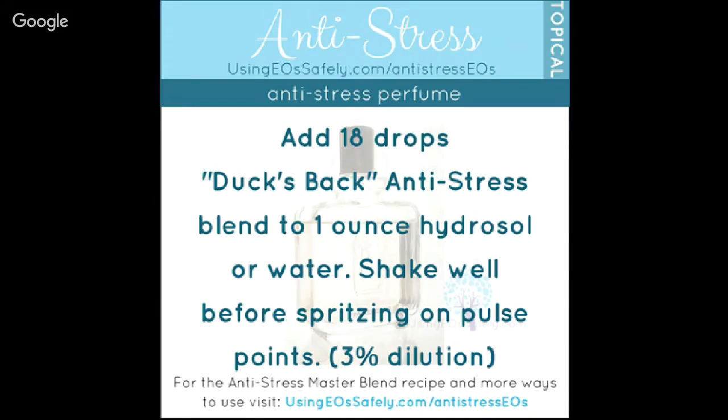It's just pretty much what you have on hand you can use, but things like lavender and sandalwood are going to help to calm you, and they're going to blend well and be more effective for you when you're using them with anti-stress essential oils. You want to shake it well before spritzing on pulse points. Preferably, if you're spritzing on the outside of your throat, that is going to stay close to your nose where you can smell it, and that might be effective for you.